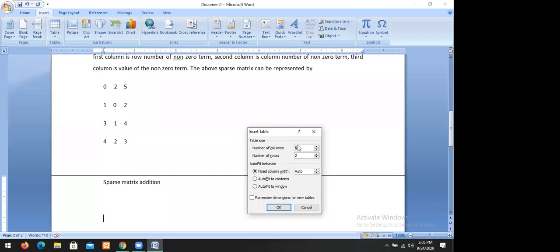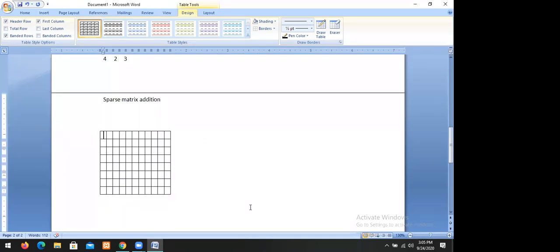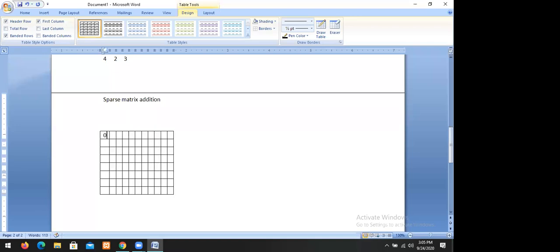So there are 11 columns, and suppose there are 78 rows, or to fit contents. So let us assume that this is the first matrix. I think the representation of the first matrix is 0th row, second column, value is 5.